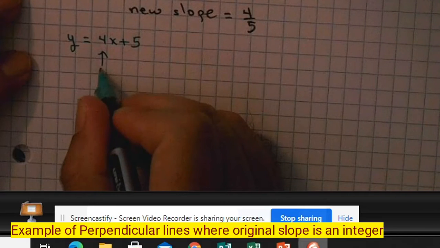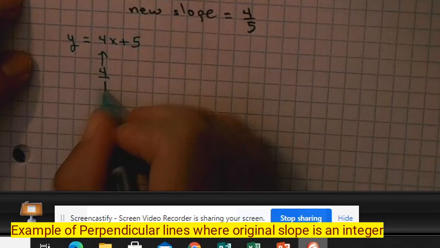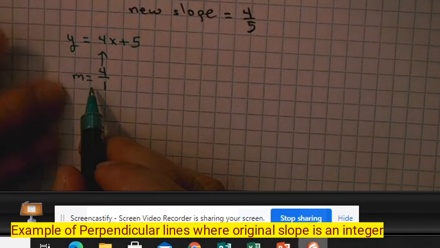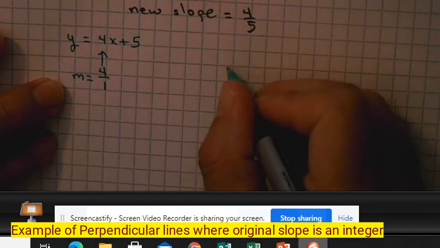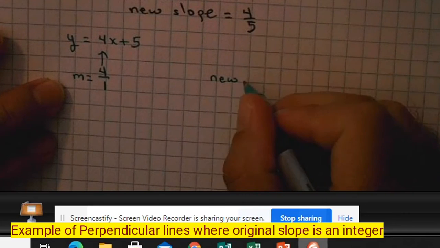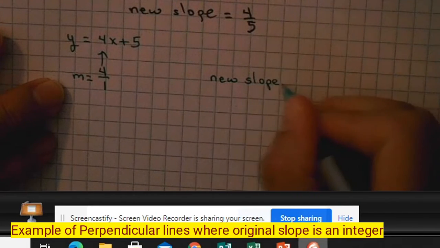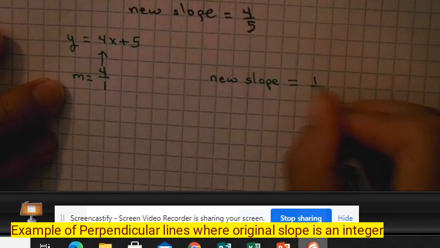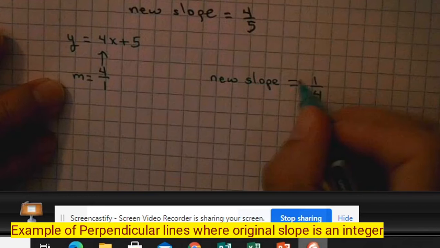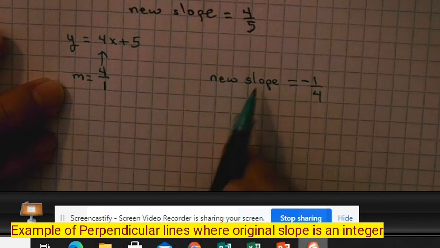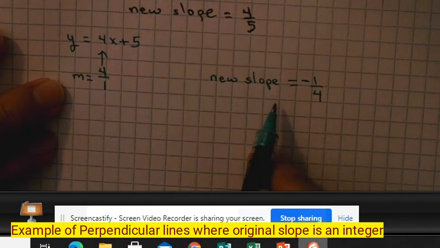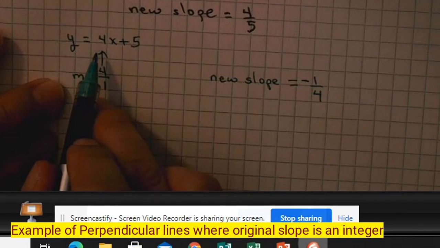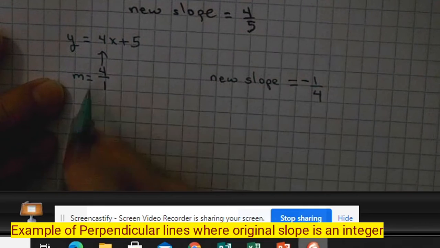If my slope is 4/1, then the line that is reciprocal to it would have a new slope which is the flipped or reciprocal and opposite sign. That would be the slope of the new line that is perpendicular to this one. This one is fast and easy.